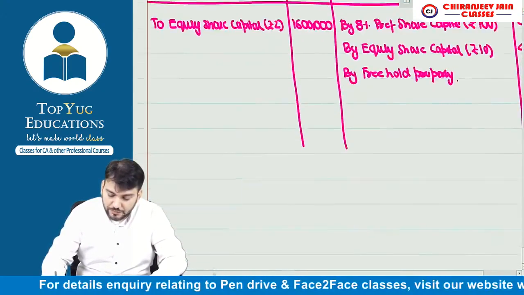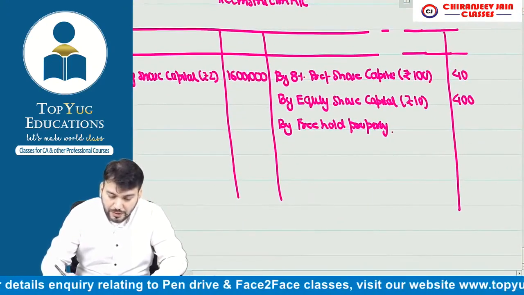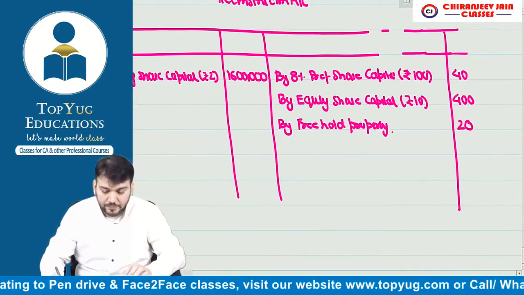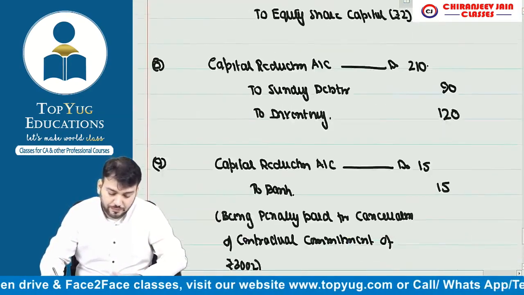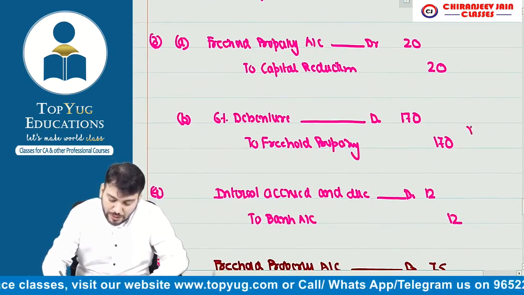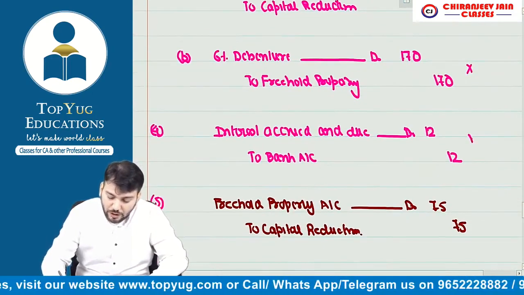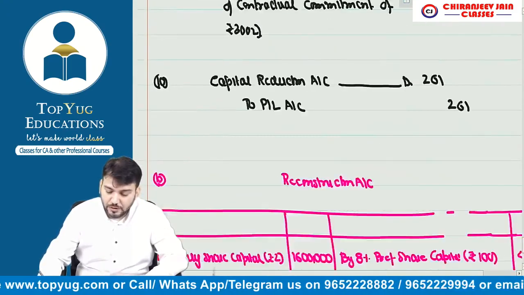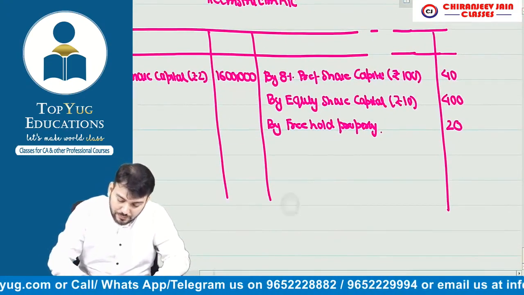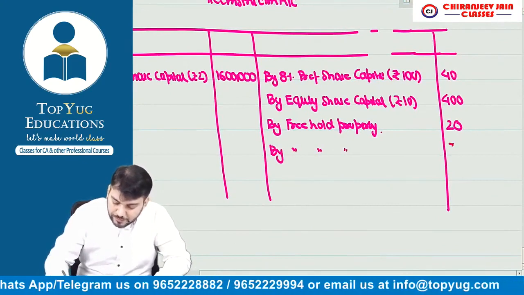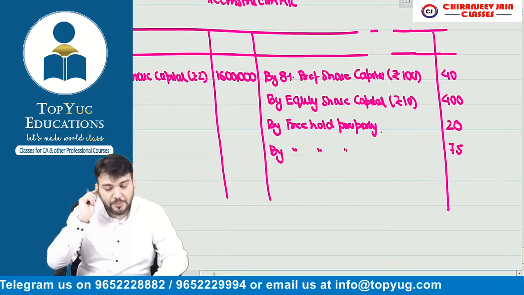Correct. So this is also done. Then this will not come to the capital reduction account. Then once again freehold property increase, so we write buy freehold property 75 lakh.